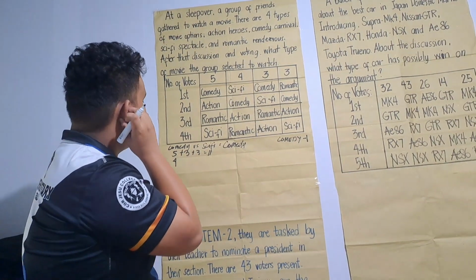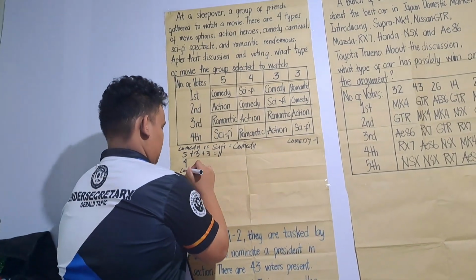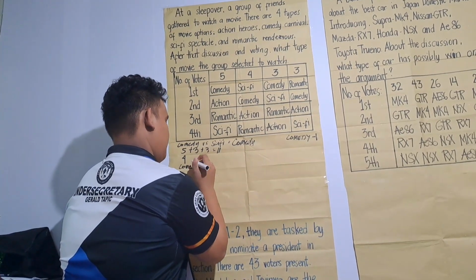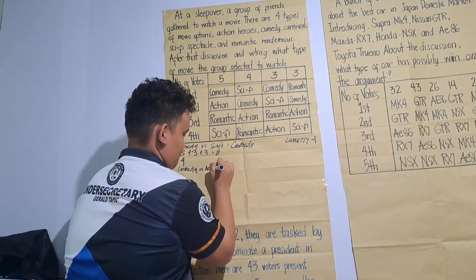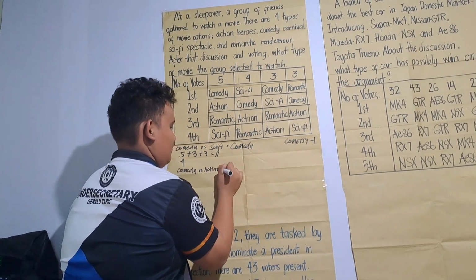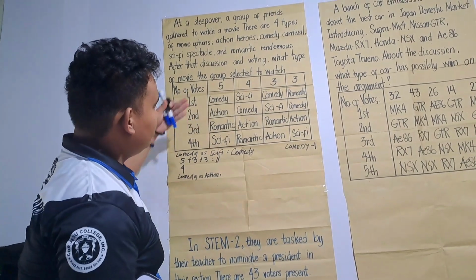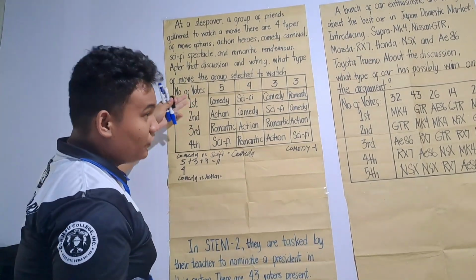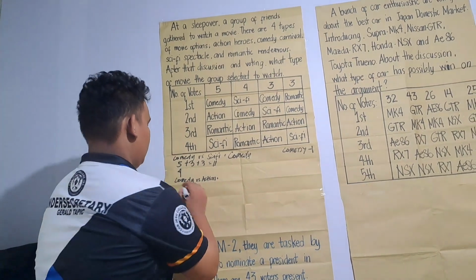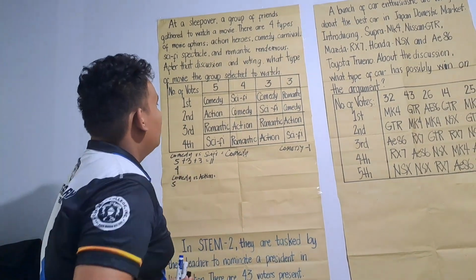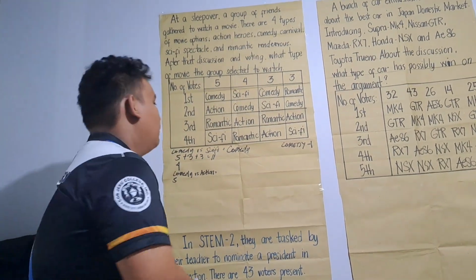Then the next matchup, comedy versus action. So we're trying to look in here in the table. Comedy has 5 votes, and in the second column, comedy has 4 votes again.